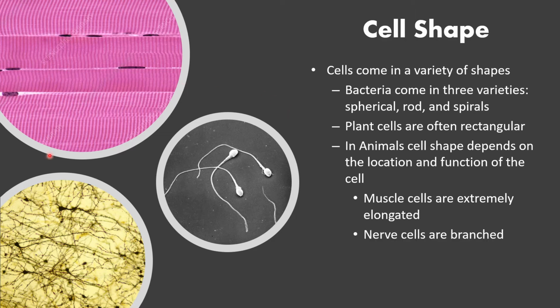We're going to have nerve cells that are highly branched that we can see in this image. It's very hard to tell one cell from another, but this dark middle spot would be a cell and then have branches off of it. And then sperm cells are going to have these long flagella, which are going to be tails that allow them to swim.